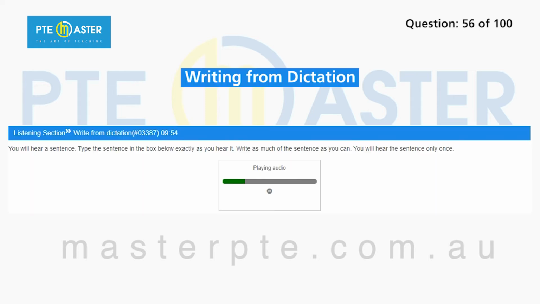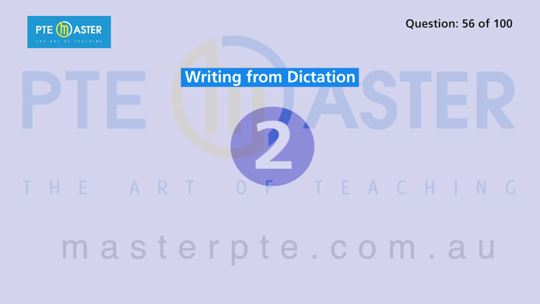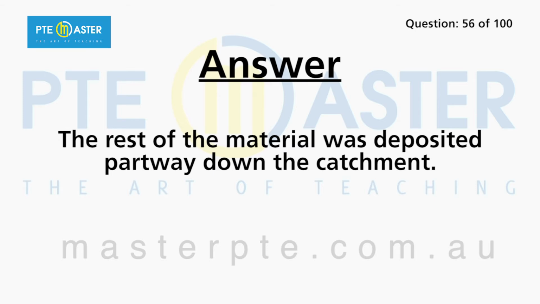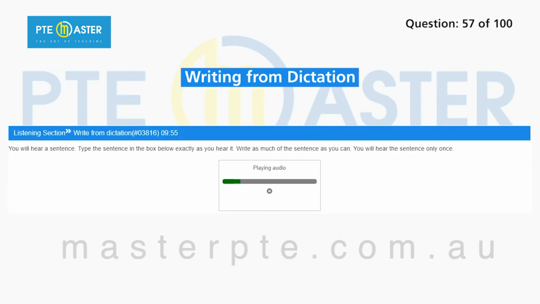The rest of the material was deposited partway down the catchment. Please return the books to the correct positions on the shelves.